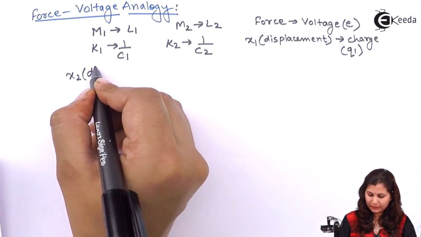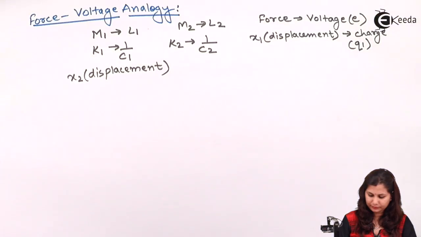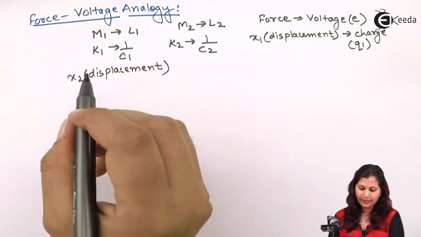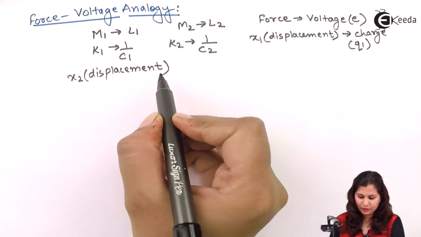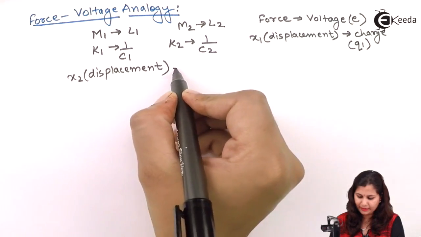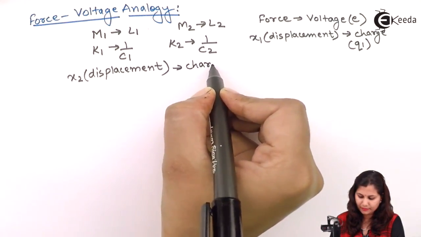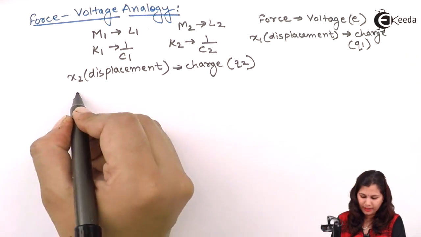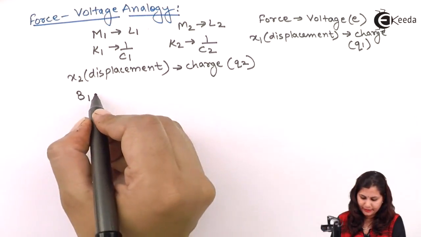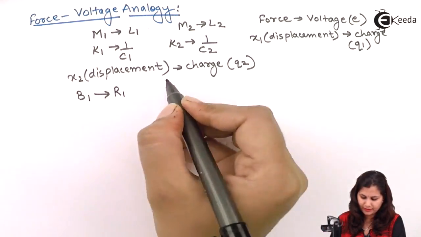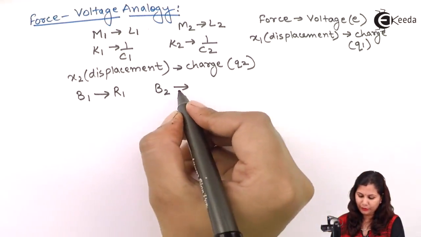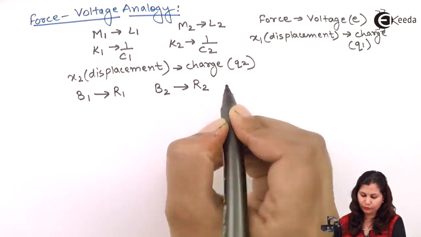Similarly, the displacement x2 is also replaced by the charge q2. And the damper is replaced by the resistance, so B1 is replaced by R1 and B2 is replaced by R2.